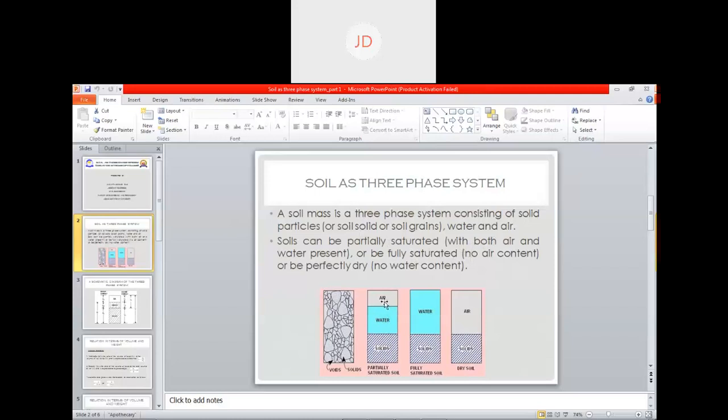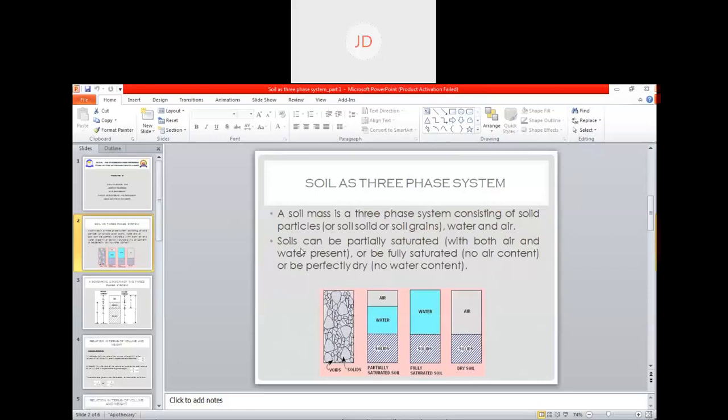Okay, so the statement given here: a soil mass is a three-phase system consisting of solid particles, which are also known as soil solids or soil grains, and water and air.